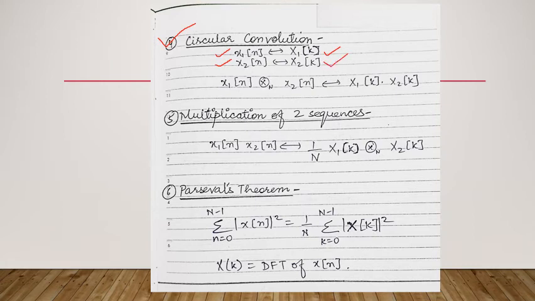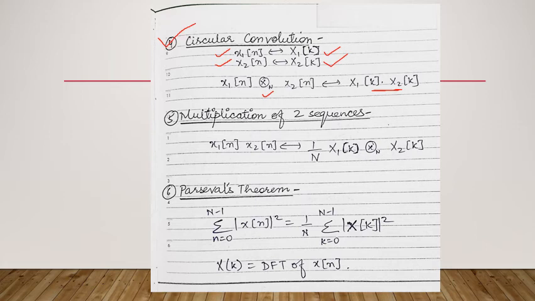Now, if I take the circular convolution of the two signals, this is the symbol of circular convolution, then in the output, the values of capital X1 and capital X2 get multiplied. So we can say that circular convolution in time domain is equivalent to multiplication in the frequency domain. This is circular convolution.